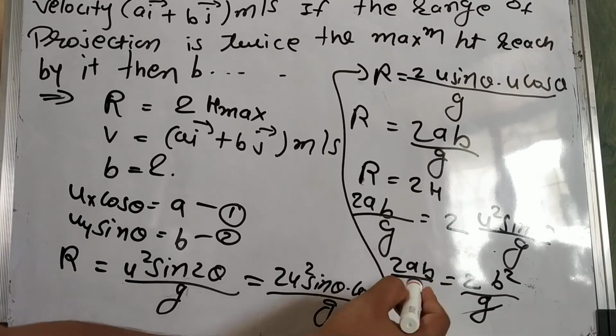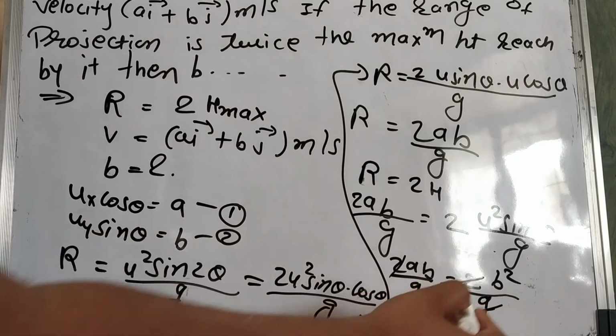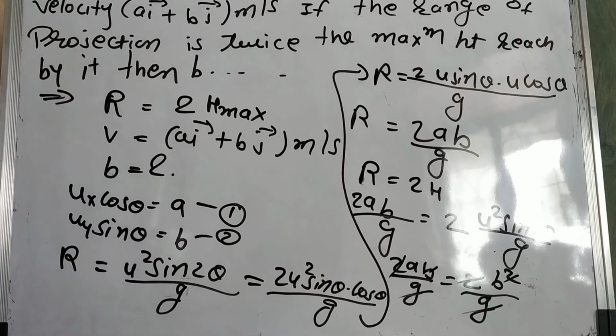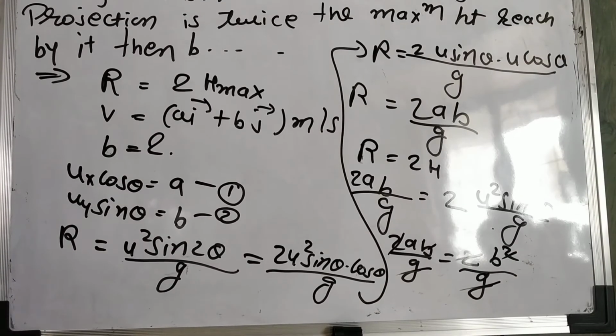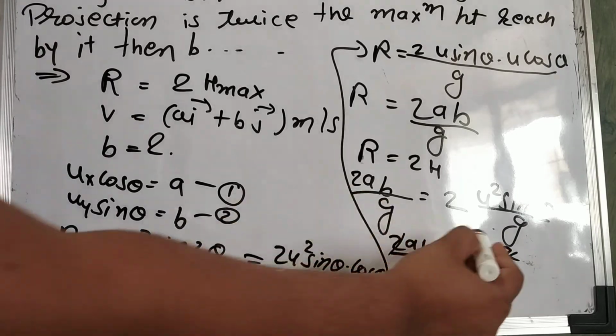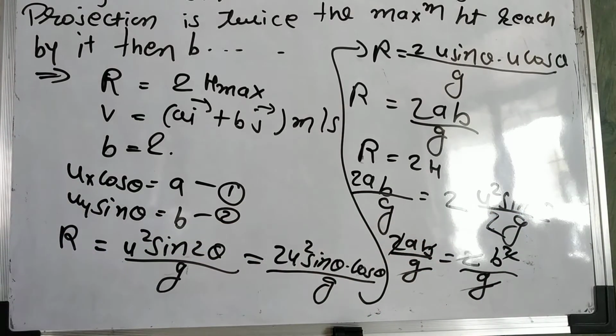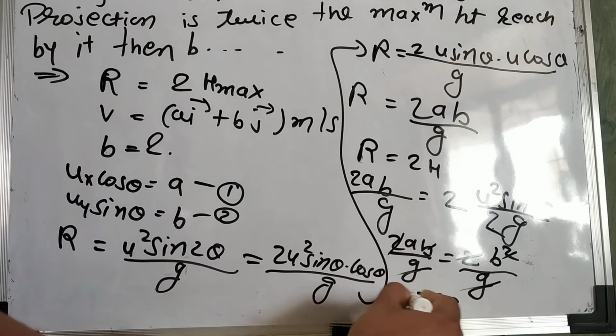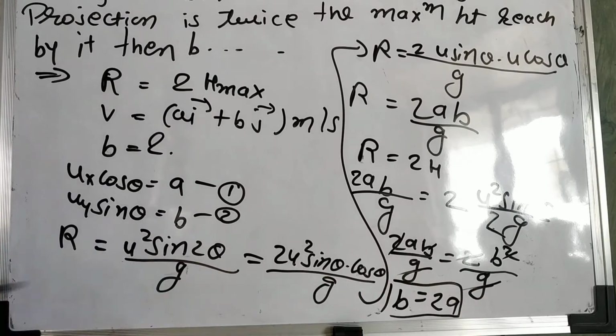This g gets cancelled, 2 and 2 get cancelled, a b and b get cancelled. Therefore b is equal to how much? b is equal to 2 into a. Therefore which option is correct? Option B is correct.